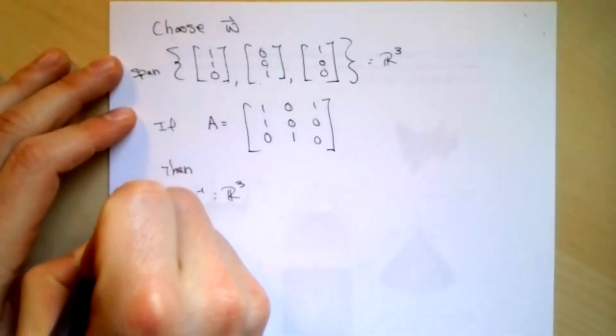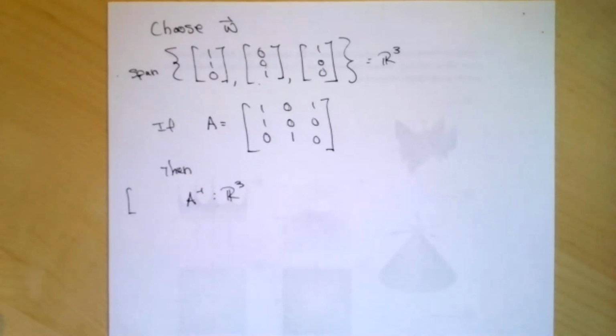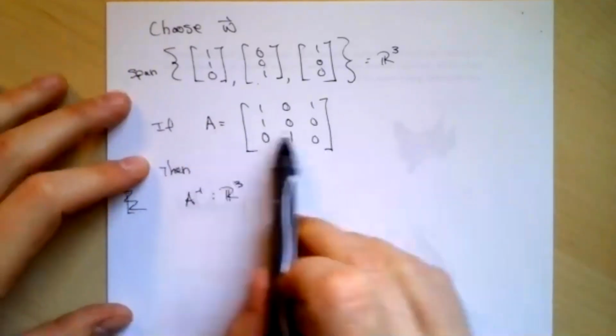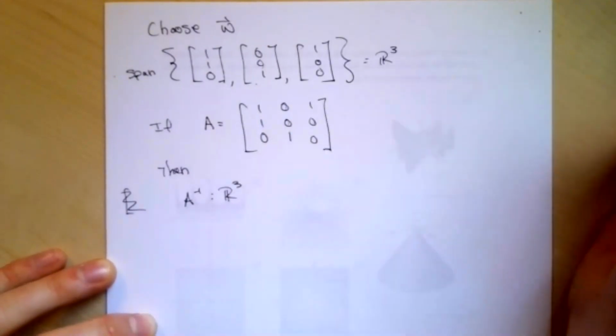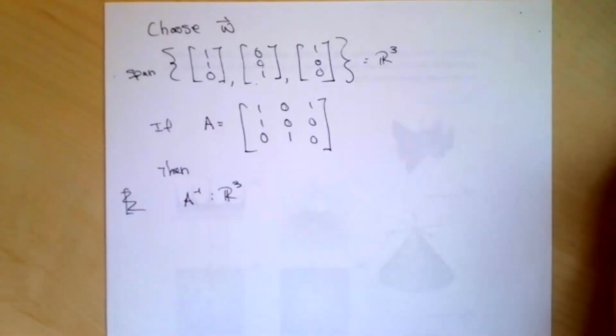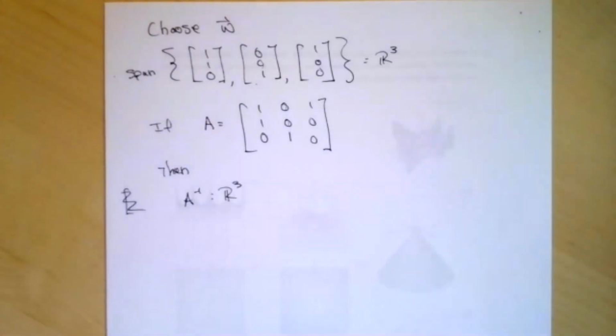So A is essentially embedding R2 in R3. What we want to do is come up with the inverse of A, but then we need to restrict the dimensions on that. Give me one second. Sorry, I'm getting lost in my own work here.